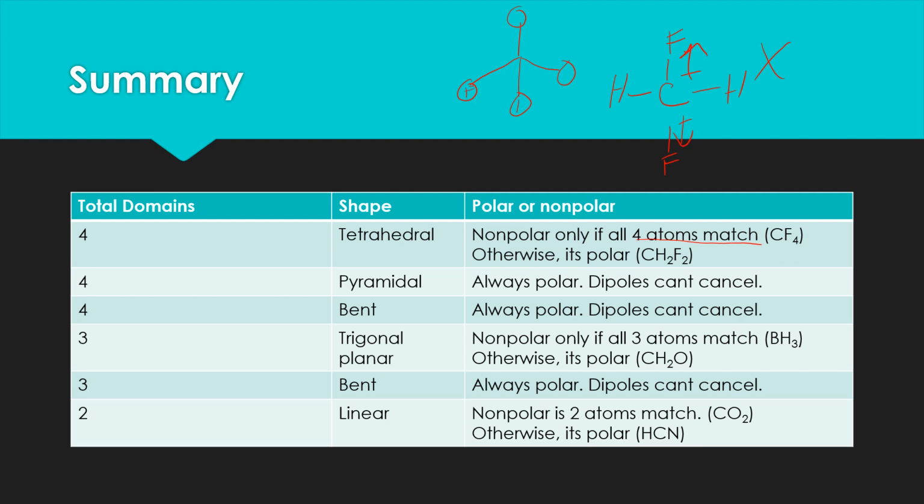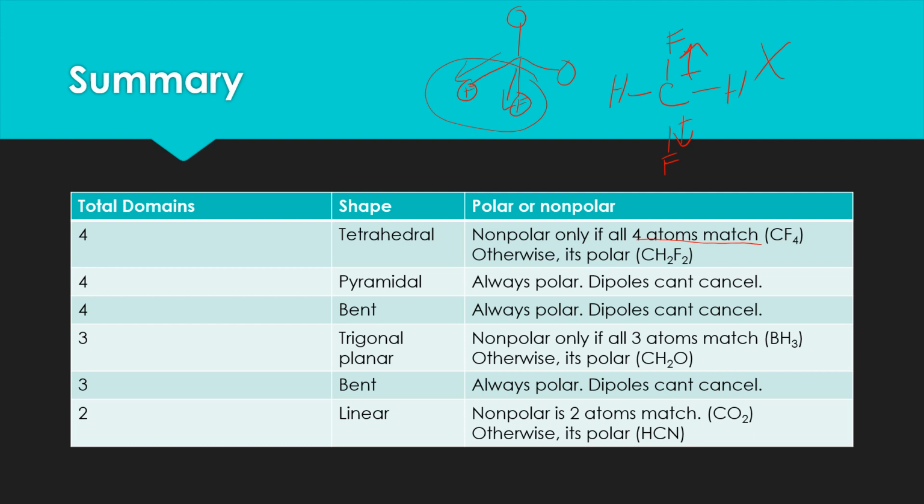Say this one and this one could be fluorine. So now I've got a concentration of negative charge on this side. Or it could be any 2 of those. And they're equal distance apart. So it doesn't matter which 2 they are, you'd always end up with polarity. So if they match, it's nonpolar. If they don't match, then it's polar.